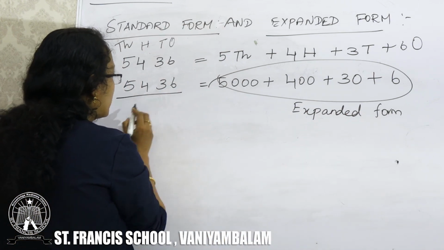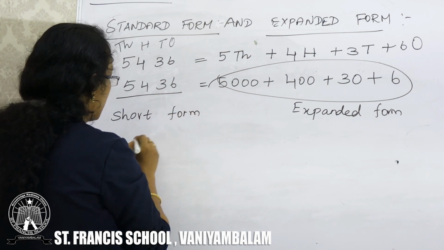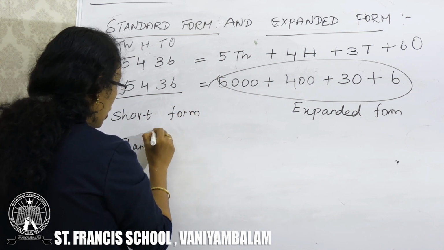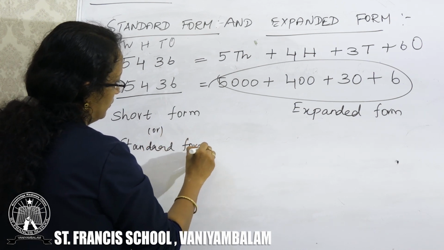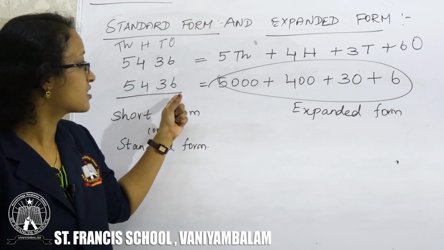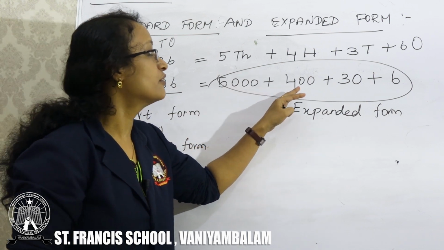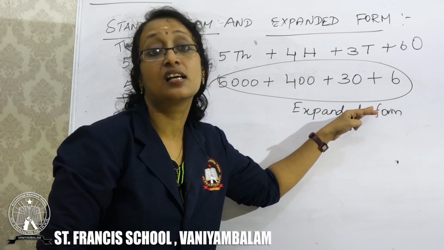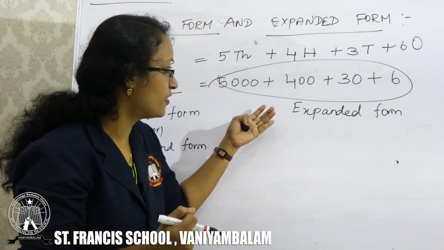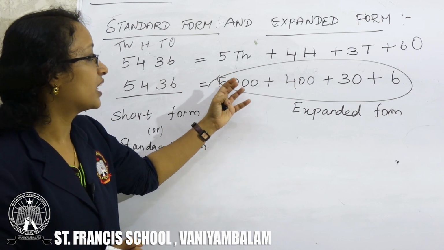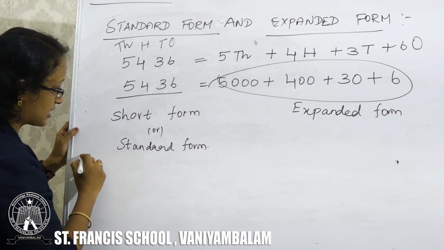Here 5436 is the short form or standard form. This 5000 plus 400 plus 30 plus 6 is your expanded form. We expand the number, right? Let's see one more example.